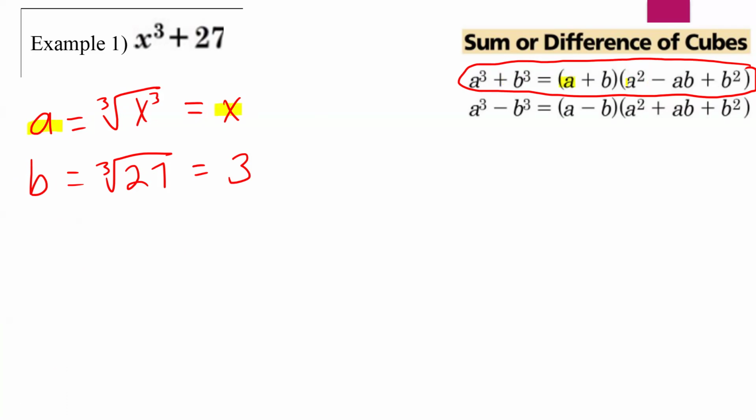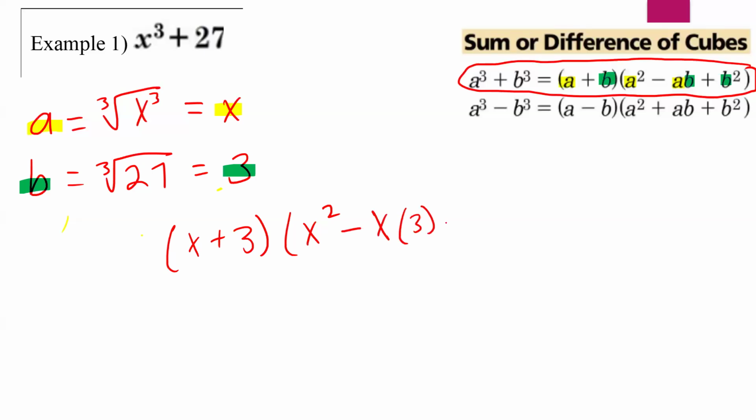Everywhere there's a B, it becomes a 3. And that's where we're plugging them in. Okay, so we end up with x plus 3 times x squared minus x times 3 plus 3 squared.